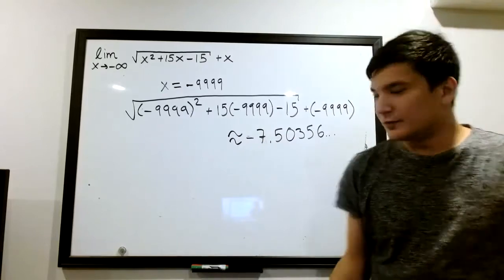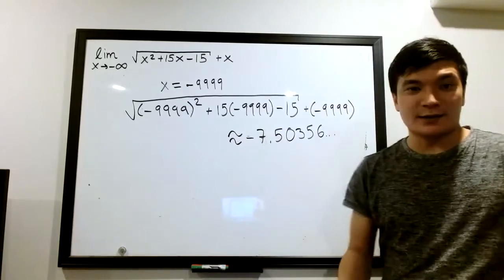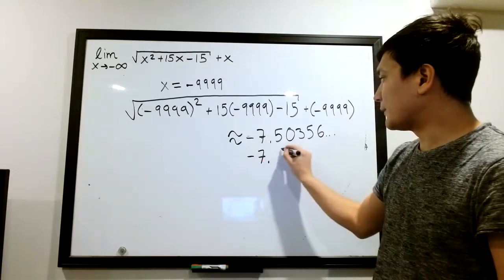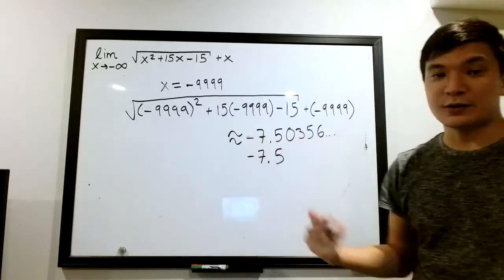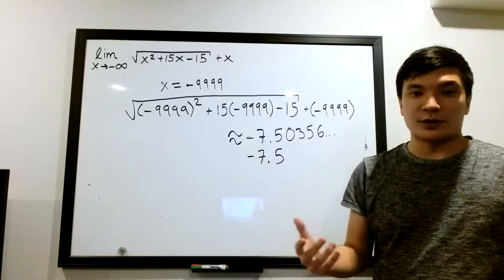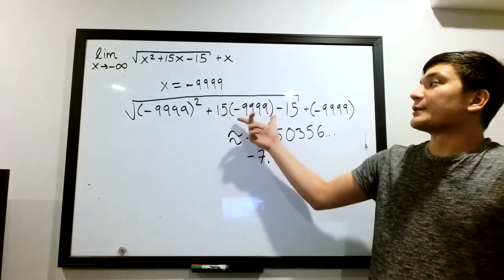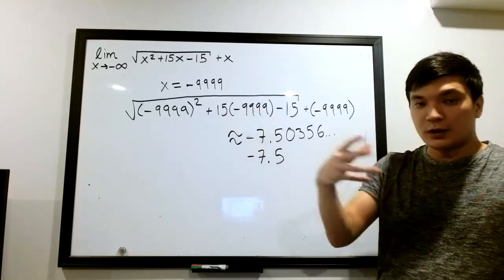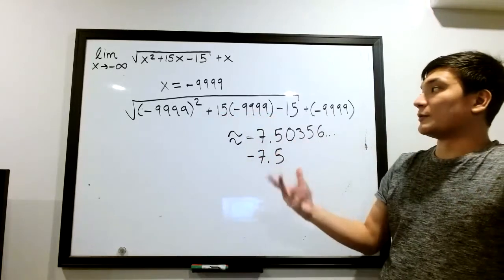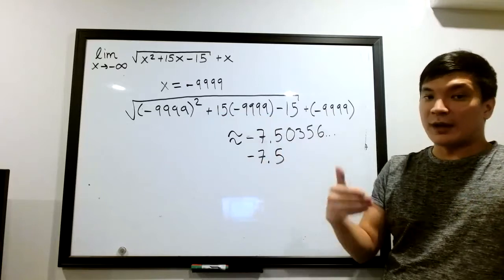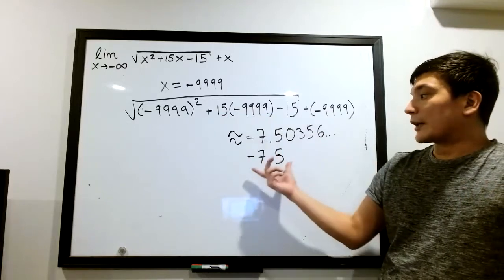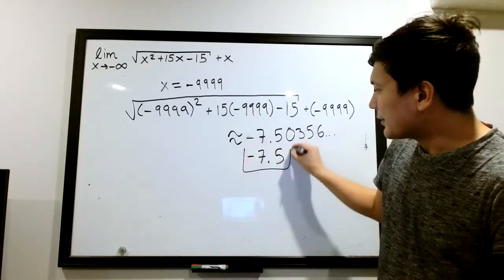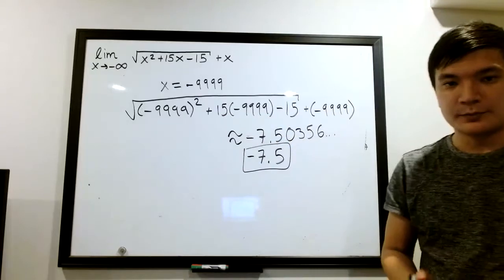So we can guess that the answer should be negative 7.5, because this number is very close to that. And if we made our number larger in magnitude, maybe negative 9 million instead, it would get closer and closer to 7.5. So this is the answer that we're looking for.